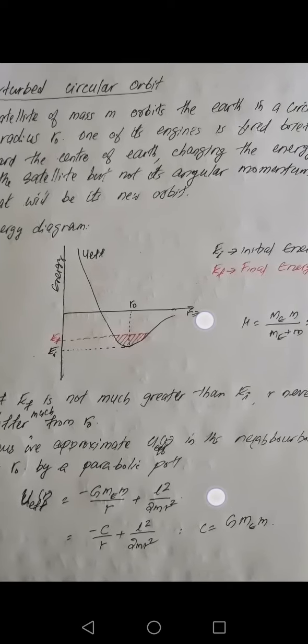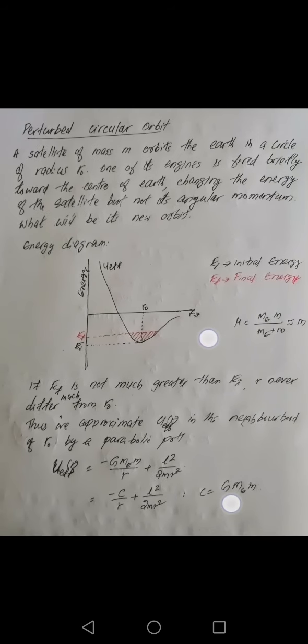So what I am doing is calculating U effective in R for the new orbit, in the neighborhood of R0. That means R and R0 are almost close to each other.